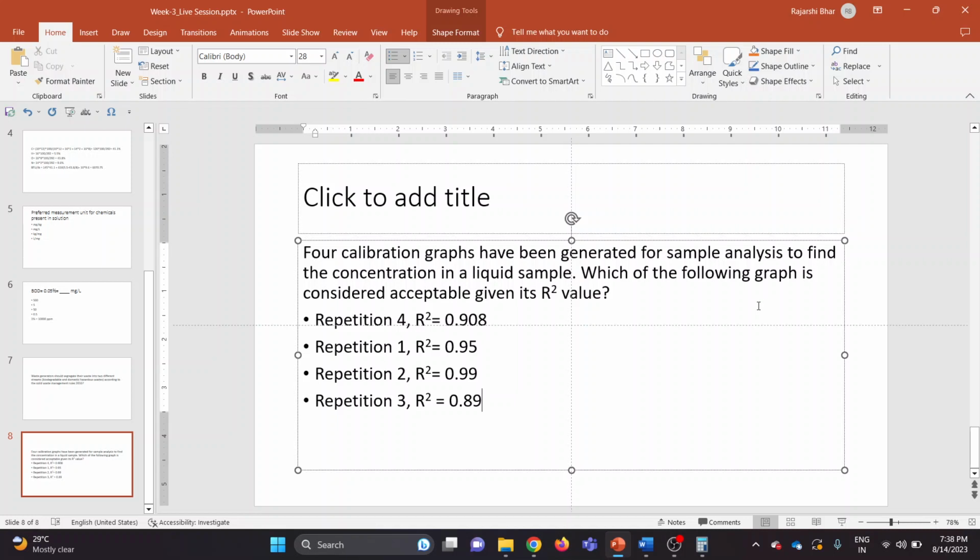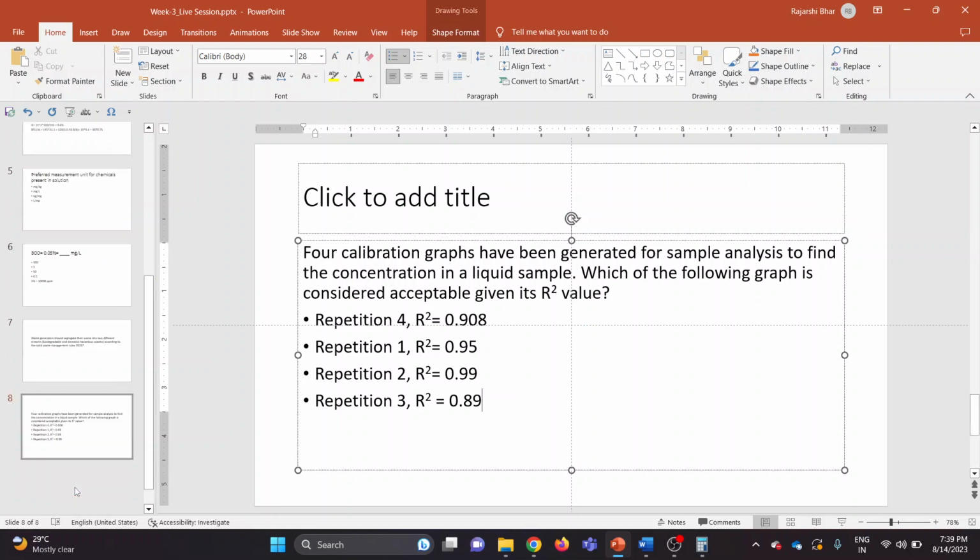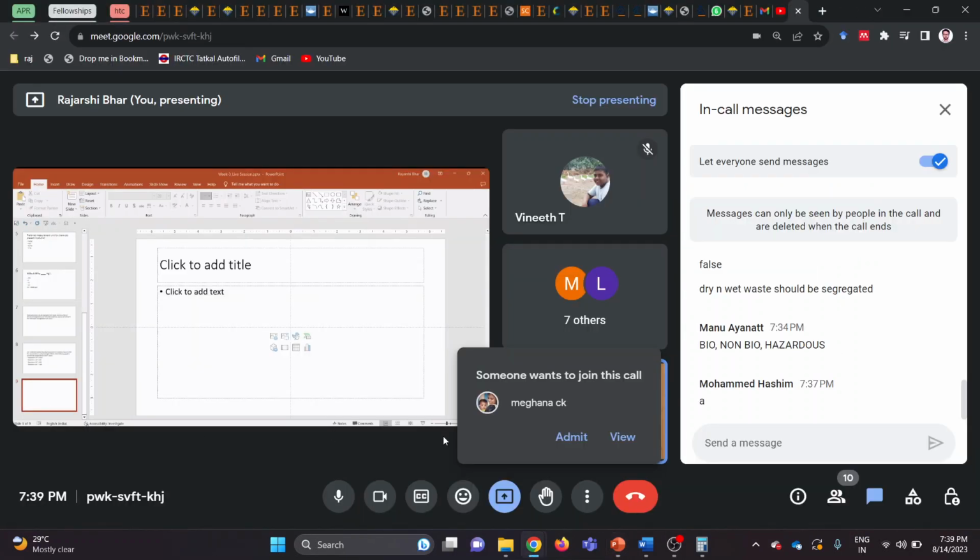So all these concentrations are known to us, and we put these known concentration samples in the spectrophotometer, and then we see what absorbance value the instrument gives for those known concentrations. Based on that absorbance value, I will also plot a graph so that it will be easier to understand.